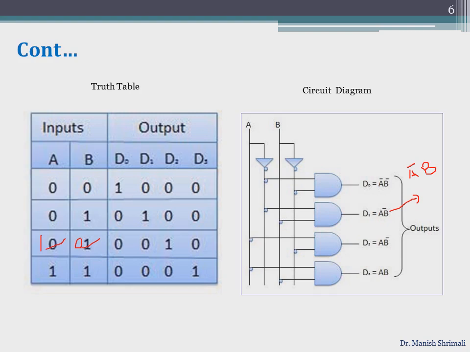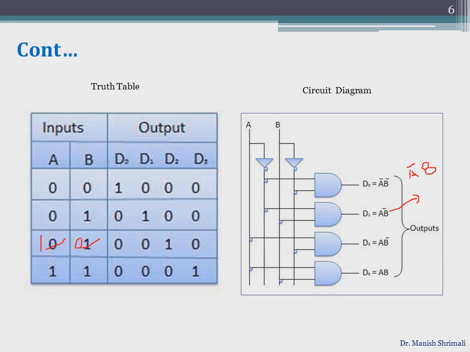In the third input, it is actually 1 0, not 0 1, so I am correcting this. Okay, so when it is 1 0, D2 is high, and when both the inputs are 1 1, D3 is high.